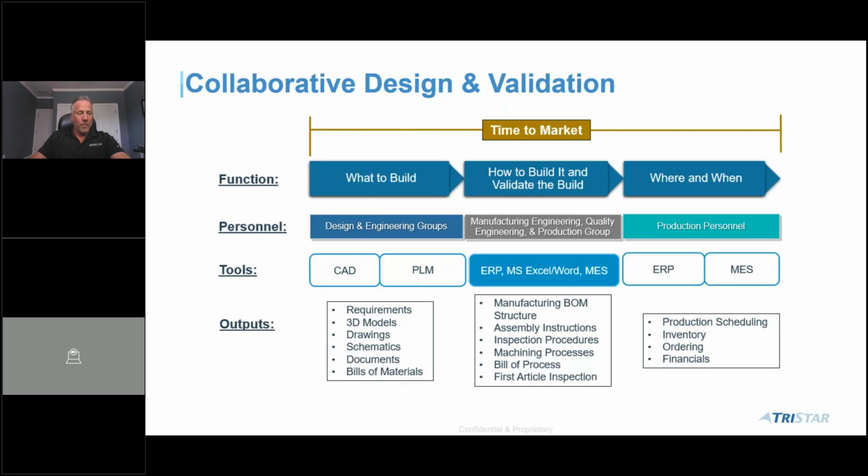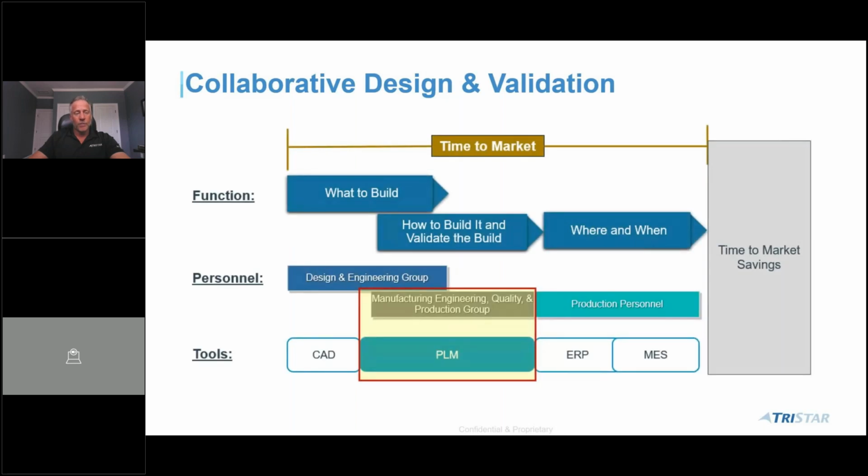So it's all departments. All departments have to be on board with this idea of overlapping these types of functional activities. And so when you look at how it can be done, when you use these tools the right way, you can overlap the how to build it and the validation of the build. You can overlap those. The more you overlap, the shorter the time to market or project completion time goes.